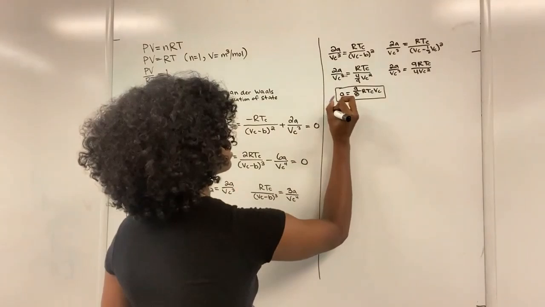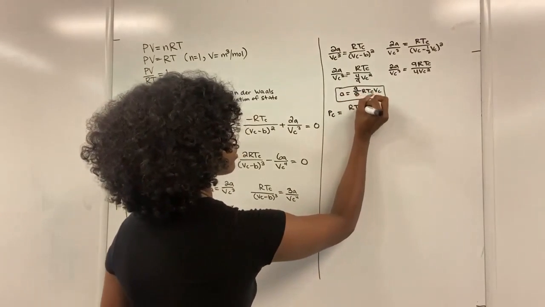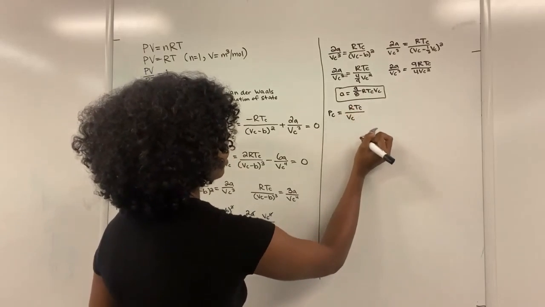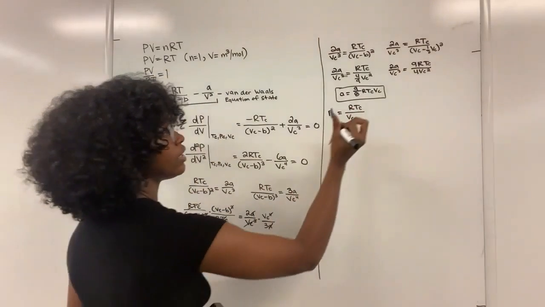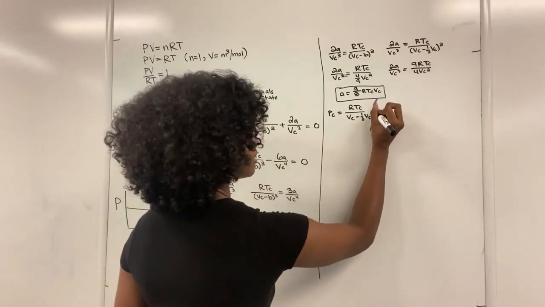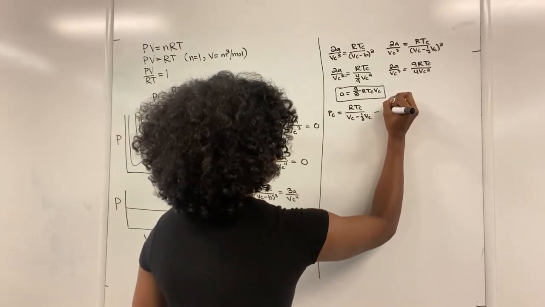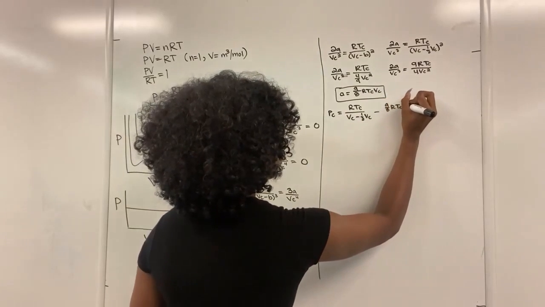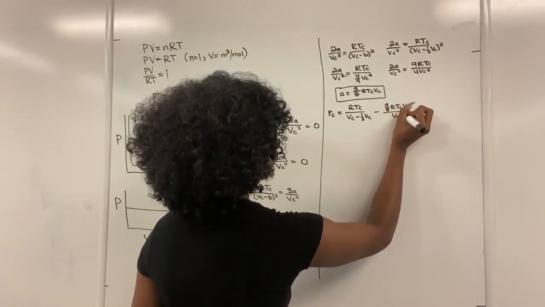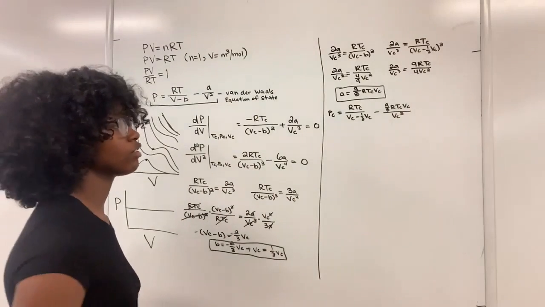So we can rewrite this so that the critical pressure is equal to R times the critical temperature divided by the critical volume minus B, but we know B to be 1/3 of the critical volume, minus A, which we know to be 9/8 R times the critical temperature times the critical volume divided by the critical volume squared. And so again, all we really have to do is algebra here.